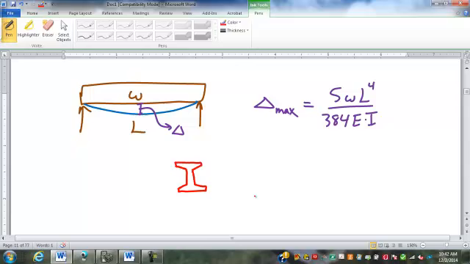Back of the book. Let's do a wide flange, W14x43. What is its moment of inertia? 428 is given as its moment of inertia.